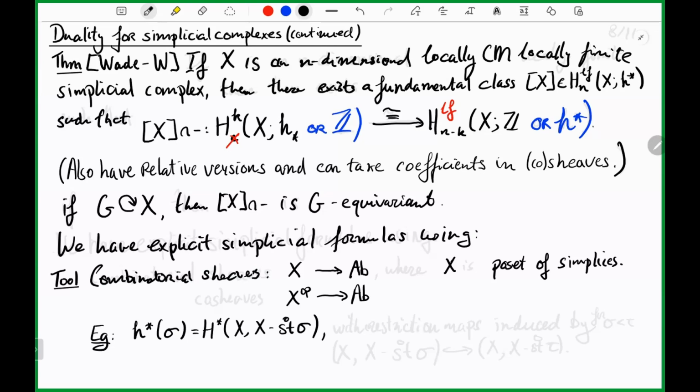And you can look at functors from this into abelian groups. So a simplicial combinatorial sheaf is just a functor from the poset of simplices into abelian groups. And then similarly, combinatorial co-sheaves are just functors on the opposite of this poset.